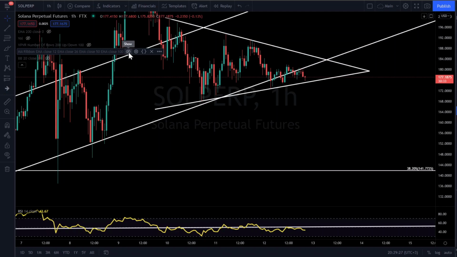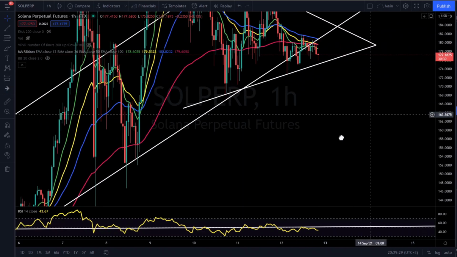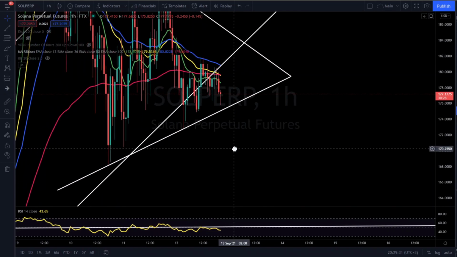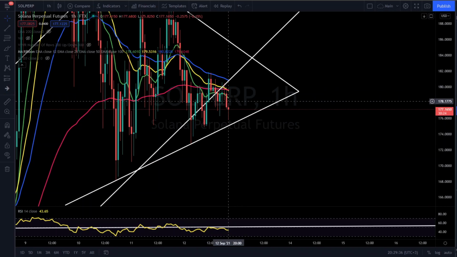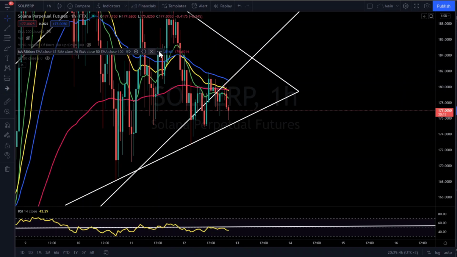and take a look at our EMAs. EMAs on the hourly, making some bearish crosses over here. The green line, which is the driving line, you might say, is the 12 EMA, and right now it's at the bottom. The yellow, the 26 EMA, is crossing the 100 EMA, which is the pink one, and the blue one is the 50 EMA.